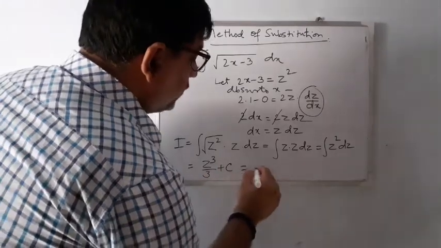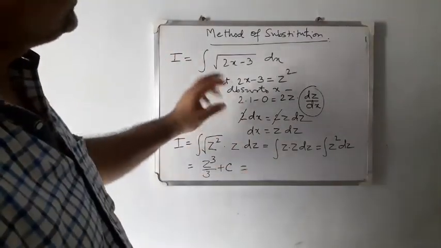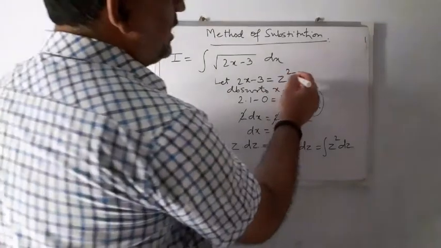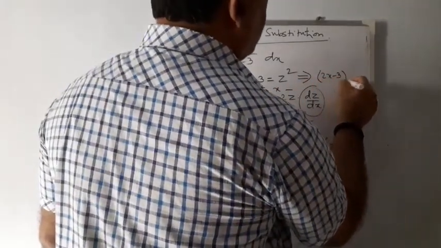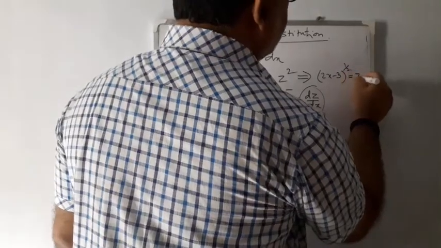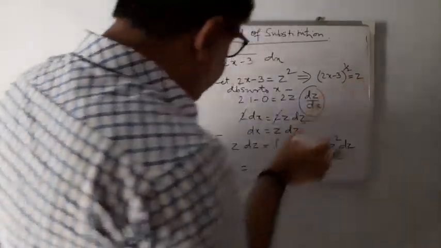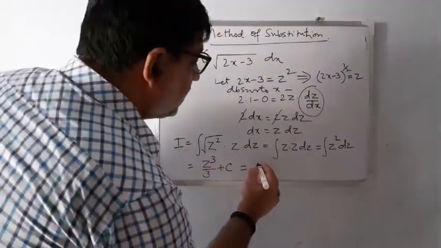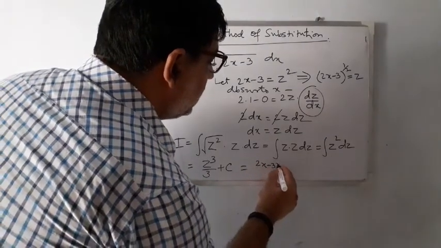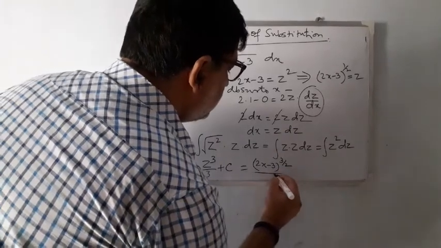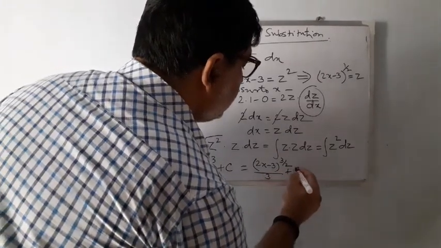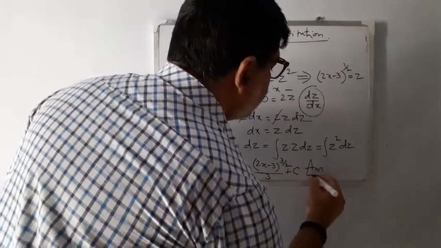And for z, from here the value of z is (2x - 3) power half. So put down the value of z here. This becomes (2x - 3) power 3/2 divided by 3, plus c. So this will be your answer.